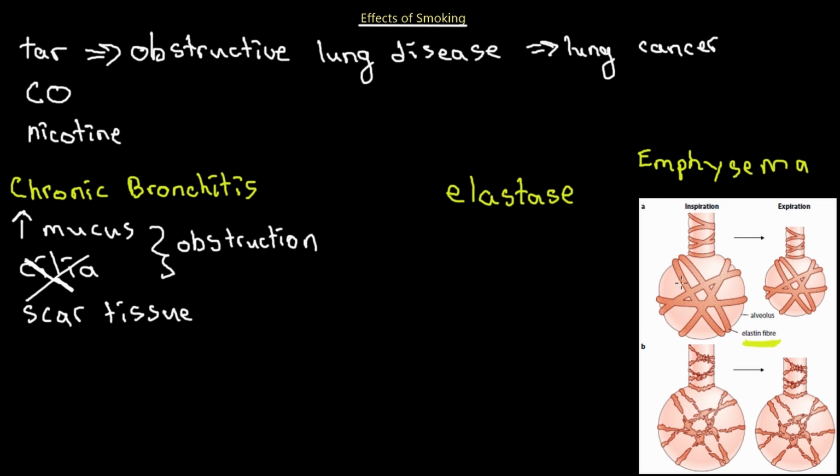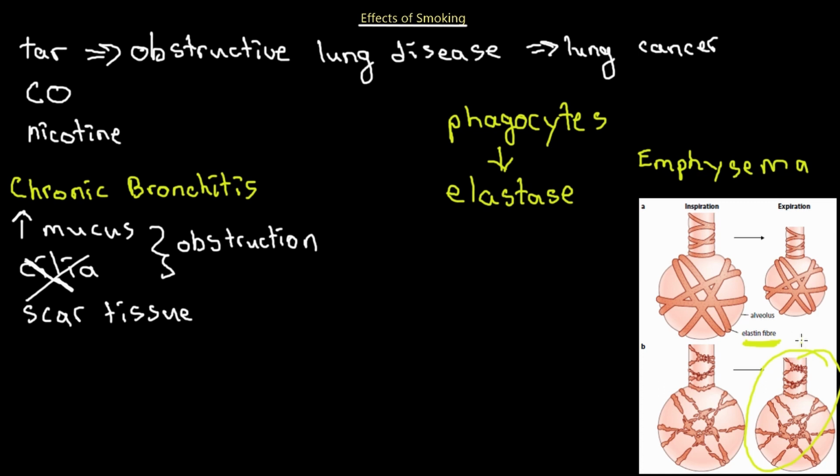In order for the alveoli to recoil when you're breathing out, the alveoli must recoil back to their original shape. And the recoiling happens due to the elastin fiber. Now, because the phagocytes are going to produce more elastase, it's going to break down the elastin fiber around the alveolus, and now it's not going to recoil as much.